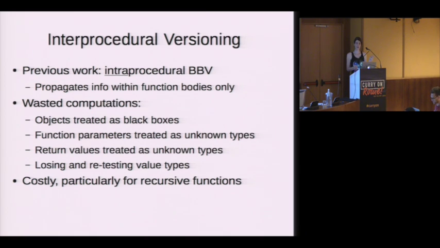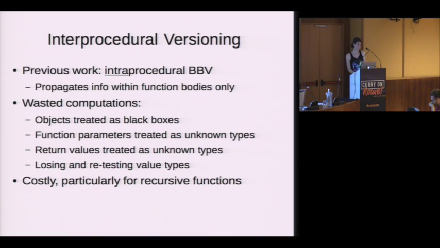And then when I enter the recursive function call, I don't know anything about the parameter, so I have to check, is the parameter I just got also an integer? But that's kind of stupid, because in the caller, your argument was an integer, and in the callee, if you're intraprocedural only, you have to check the type of the argument for every single call.